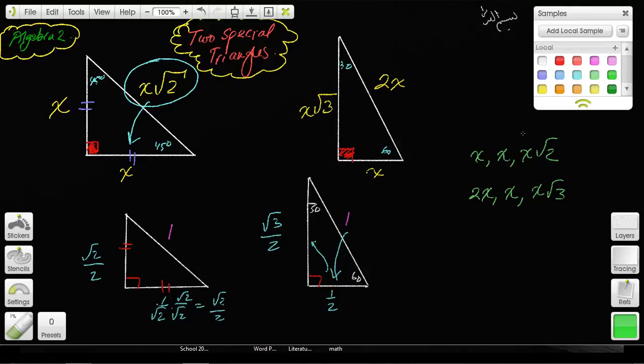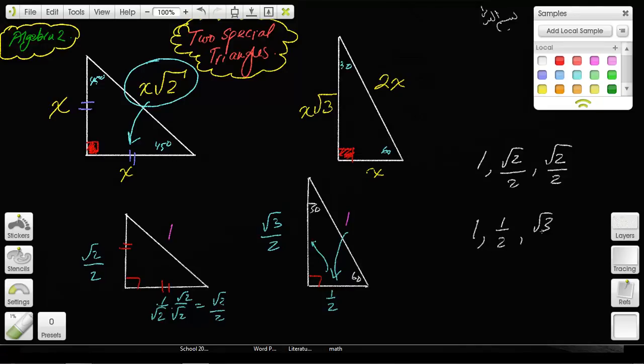Among the 45, 45, 90 triangles, the special scenario is when the hypotenuse is 1. The other two sides are square root of 2 over 2 and square root of 2 over 2. And for a 30, 60, 90 triangle, if the hypotenuse is 1, the other sides are 1/2 and square root of 3 over 2. So these are special cases of right triangles.